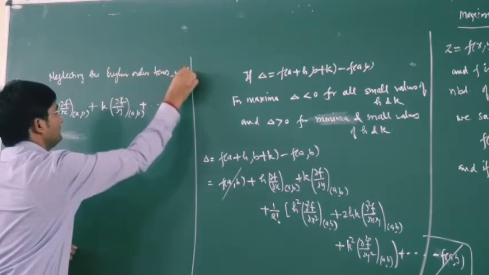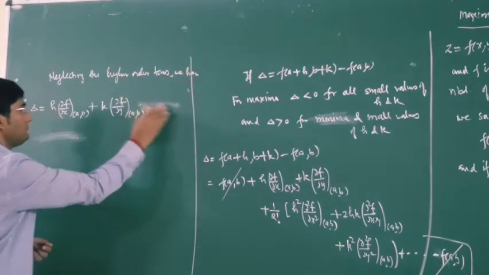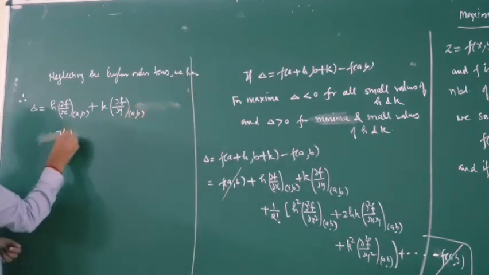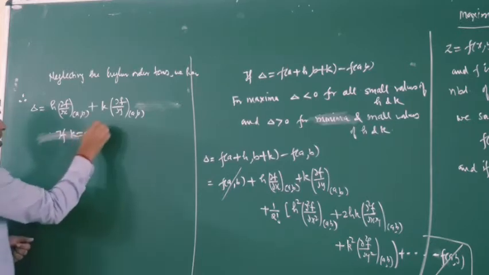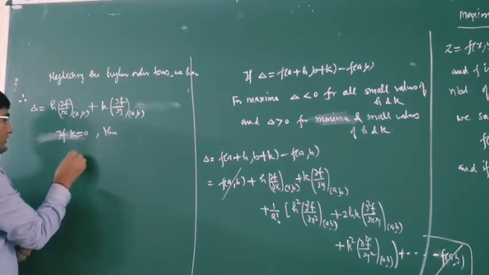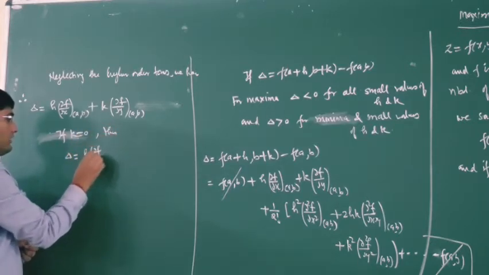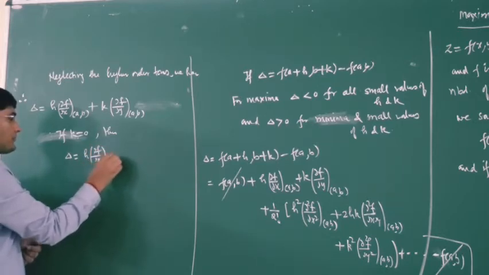Now if k equal to 0, then your delta will be h into del f upon del x at (a, b).